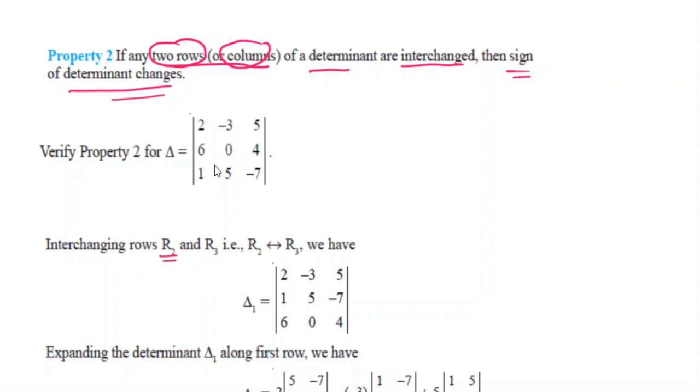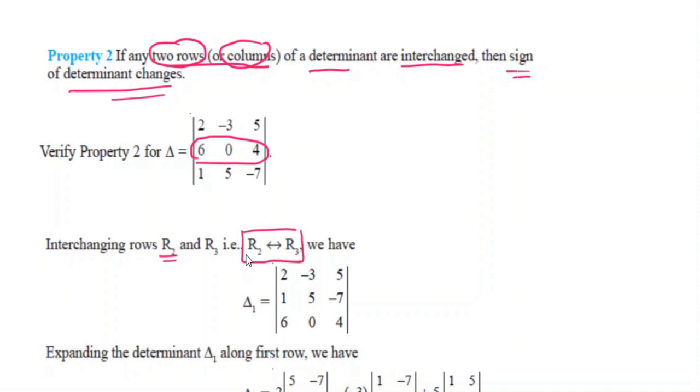Row 2 means that is 6, 0, 4. I have taken this 6, 0, 4 and brought it to the third row, and the third row has been interchanged to the second row.